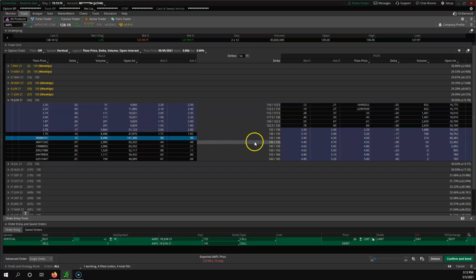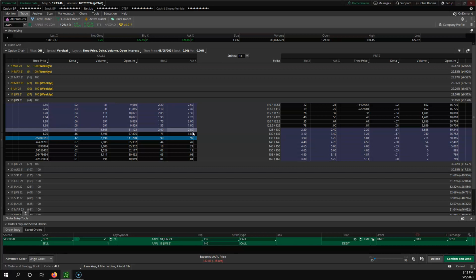Because it'd be the same thing as 135, 140. What we paid 95 cents for is now going to be worth about $2.70 minus our 95. So if we had a $10 move, we'll actually make about $150, actually more than $170 on the trade. Not bad at all for a nice risk reward management.